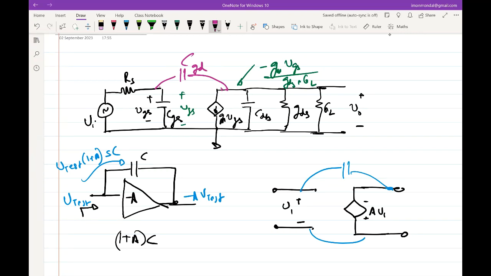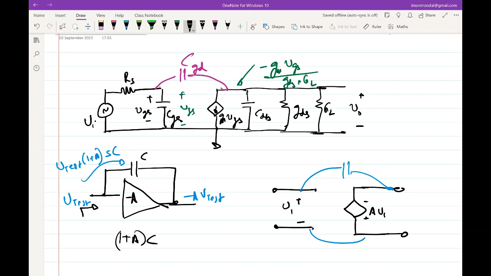So in its truest sense, we cannot use the Miller effect, right? But we will see now with more analysis if the Miller effect can be used under certain circumstances. Okay, so that's what we will see now. So let's get back to business.